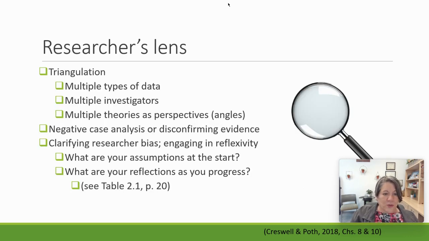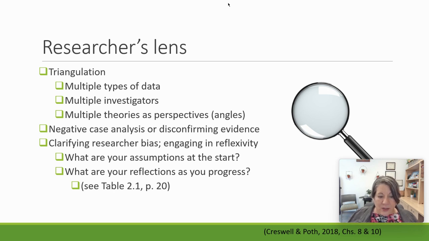From the researcher's lens, we're looking at that idea of triangulation. The researcher wants to collect multiple types of data, perhaps having multiple investigators look at the data, having multiple theories as perspective, so multiple angles of ways to examine the data.